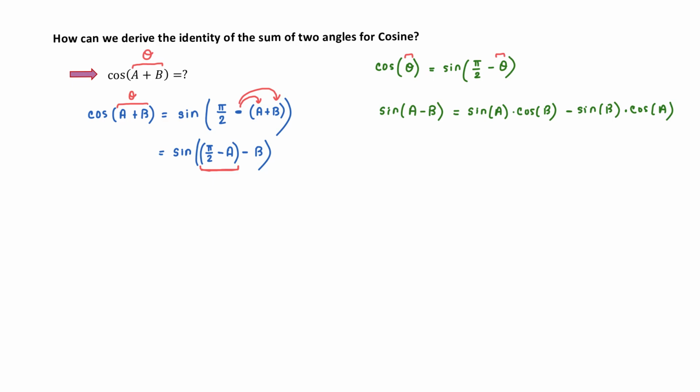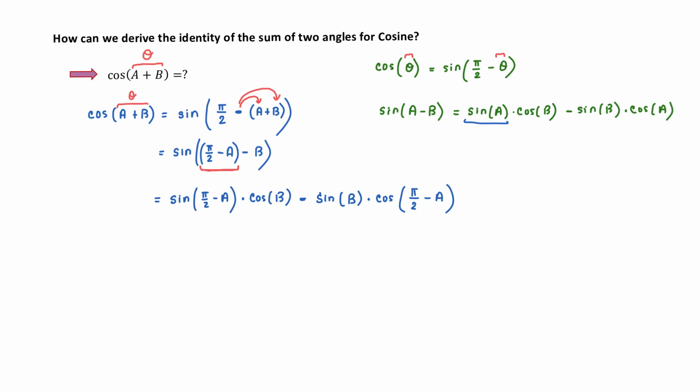But now what is important is for you to think of this entire difference as a single angle. That's one angle, and then B is the other angle. So then we are going to have sine of pi over 2 minus A, this is this very first factor right here, times the cosine of B minus, now we're going to have sine of B. We are interchanging the angles, and then times cosine of pi over 2 minus A.